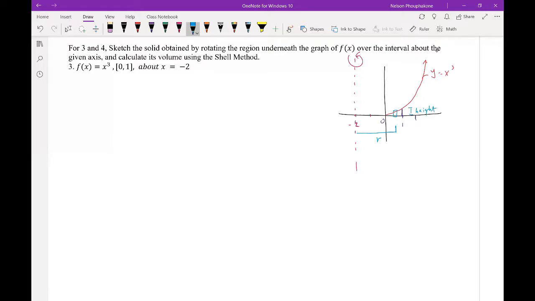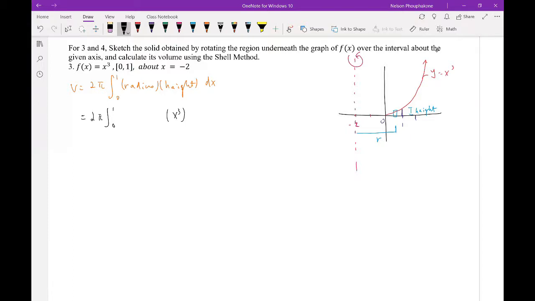is this. Now I would like to find the volume. I will have 2 pi integrated between 0 and 1 of the radius multiplied by the height and dx. We know that the height is x to the power 3.